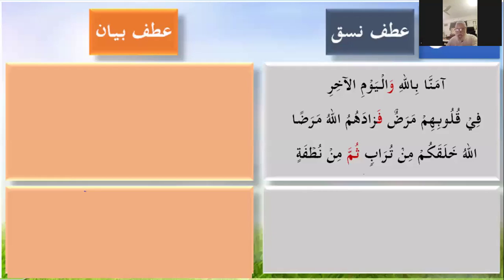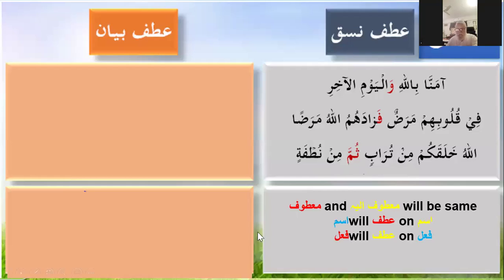"Allahu khalaqakum min turabin summa min nutfatin". Summa is atf. Before the atf is min turabin, and after the atf is min nutfatin. So they are the atf actually. Both are the same category. Min turabin is jar majrur, min nutfatin again jar majrur. So both the jar majrur are getting atf.